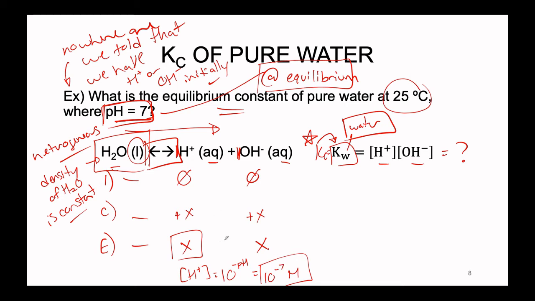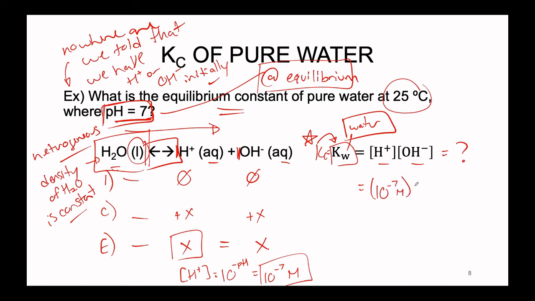And as we have seen before in this type of problem, X is equal to X, right? There's nothing special about one X being H plus and the other X being OH minus. So if we now know the concentration of H plus is 10 to the negative 7, this tells us that the concentration of OH minus is also 10 to the negative 7 once we have hit equilibrium.